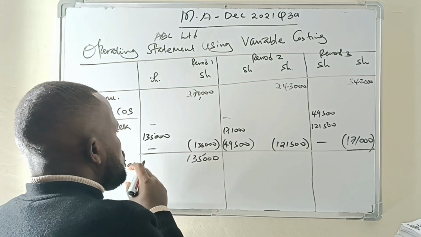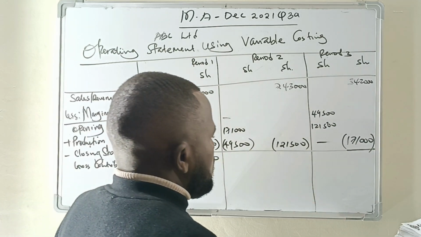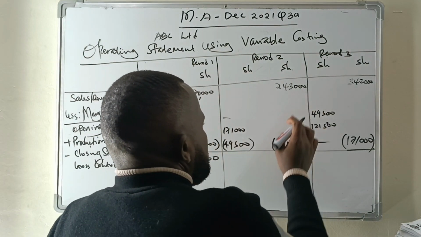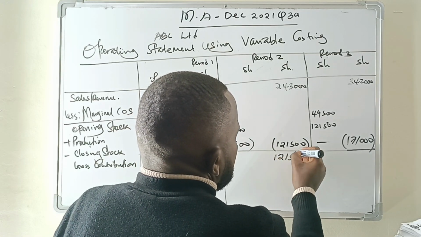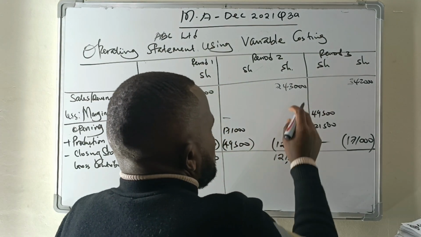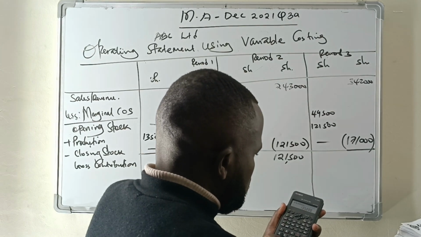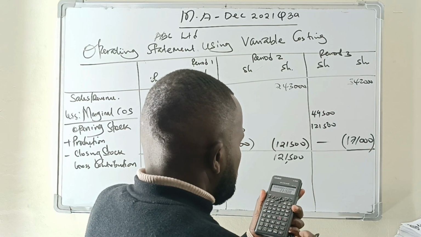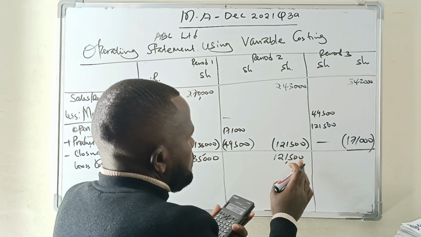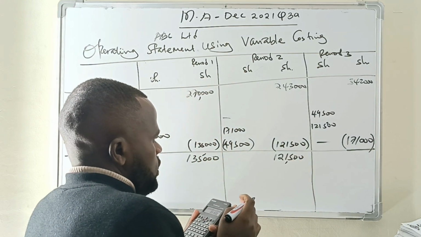It is a contribution because we never factored in the fixed production overheads. Then 243,000 less 121,500. I'm getting 121,500, I think.